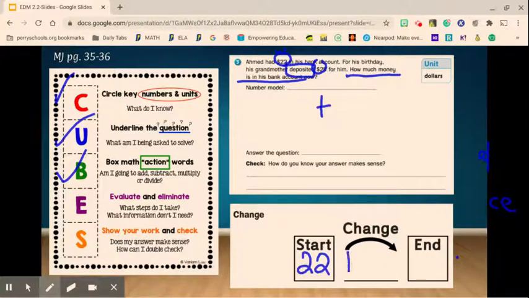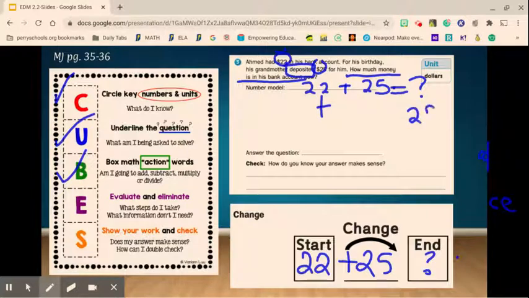His grandma added $25. It wants to know what he has now, and that's my end. So my number model is going to be 22 plus 25 equals something. I'm not sure yet. I'm going to solve it and show my work, and I'm going to write it up and down.